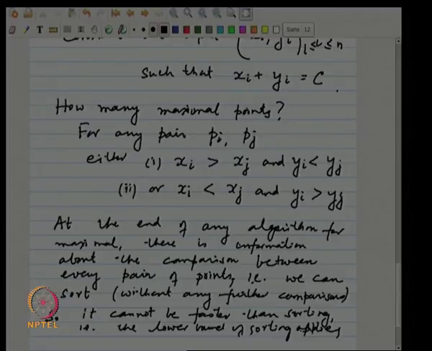So, even this simple algorithm is actually optimal, because we can't do anything better than sorting, and we know the lower bound for sorting in whatever model. In the comparison model, the lower bound for sorting is n log n. So, this is also n log n.